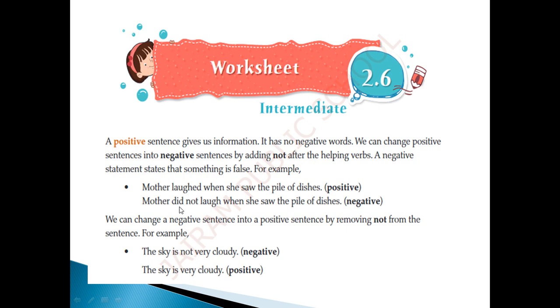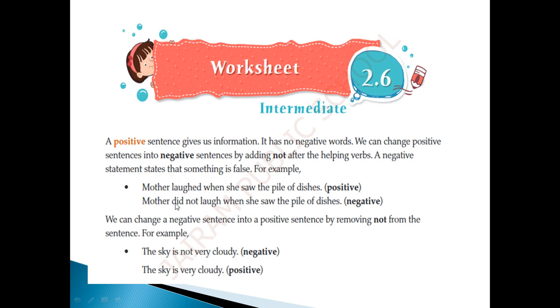Here the helping verb is did, because we cannot simply add not with the main verb, otherwise that will be meaningless. Can we say mother not laugh to make a negative sentence? No. When we have main verb, you have to find by yourself the helping verb first and then you add not.